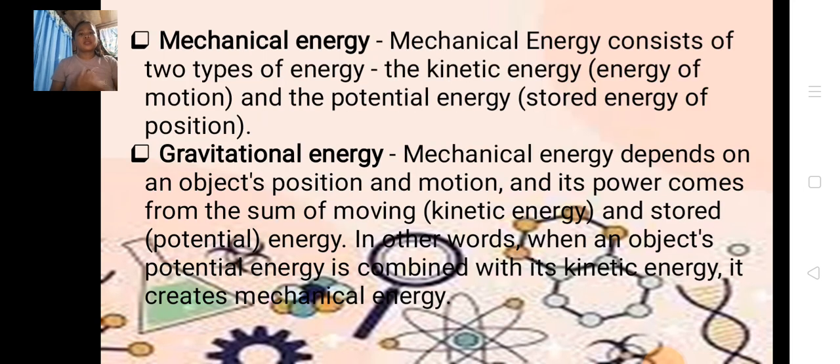So now let's proceed to mechanical energy, gravitational energy, electrical energy, sound energy, chemical energy, and nuclear or atomic energy. Now, first, we tackle mechanical energy. Mechanical energy consists of two types of energy: kinetic energy, which is motion, and potential energy, which is stored energy of position.